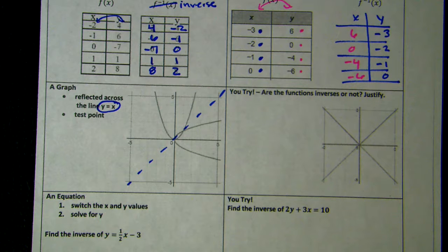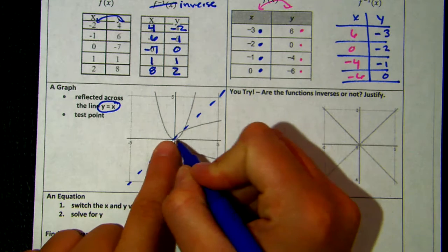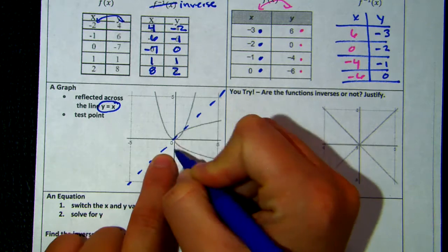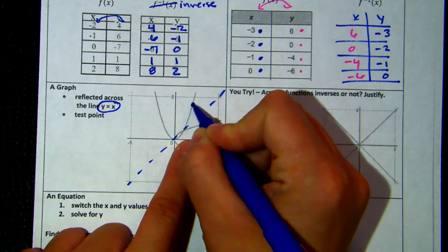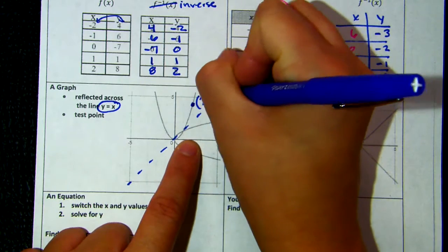Now, sometimes that can be hard to see or can be confusing. So what I always do is I try to pick a test point if I think they are inverses. The test point that I'm going to pick here is 2, 4. I think that's 2, 4, yep. This is the test point 2, 4.